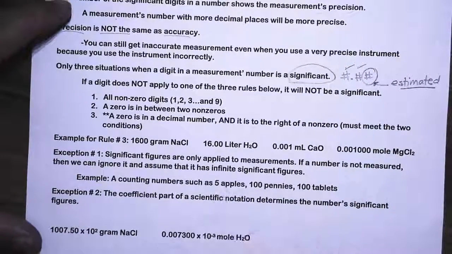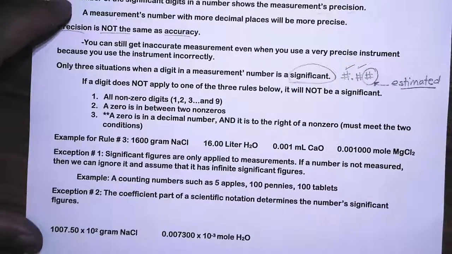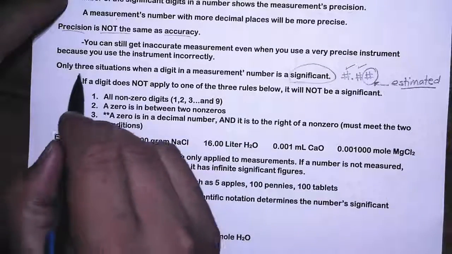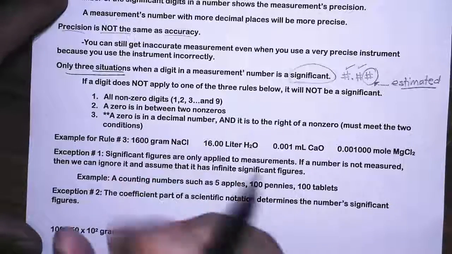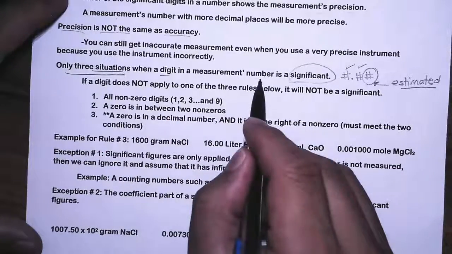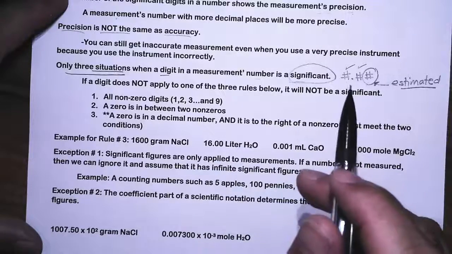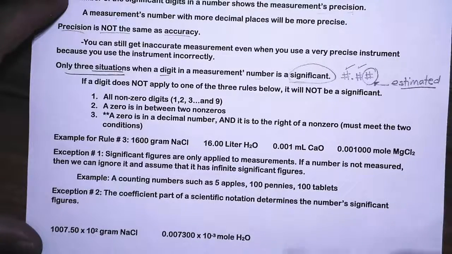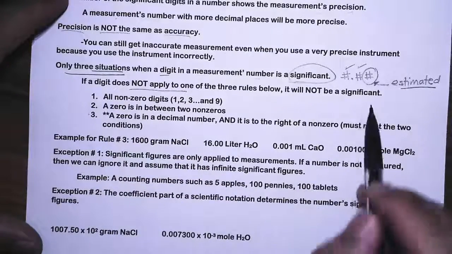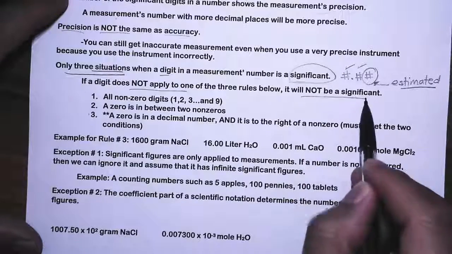Now let's talk about the rules to determine if a digit is significant or not. There are only 3 situations, or 3 rules, when a digit in a measurement number is significant. If a digit does not apply to one of the 3 rules down here, that digit will not be significant.